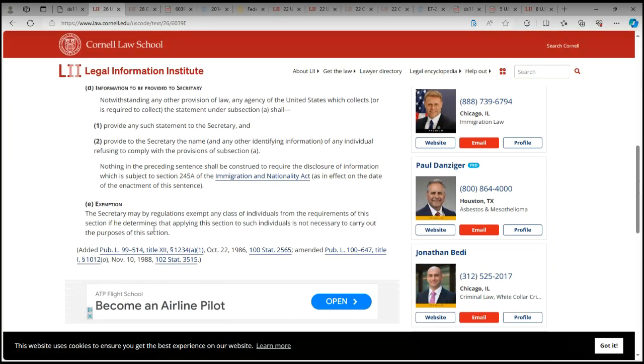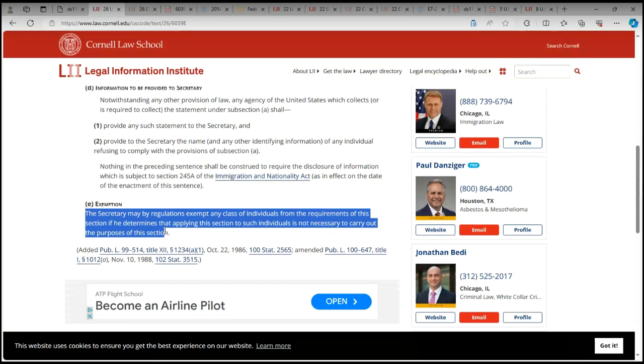The question is, are you complying? The Secretary may, by regulations, exempt any class of individuals from the requirements of this section if he determines that applying this section to such individuals is not necessary to carry out the purposes of this section. All right, any exemption is a privilege.